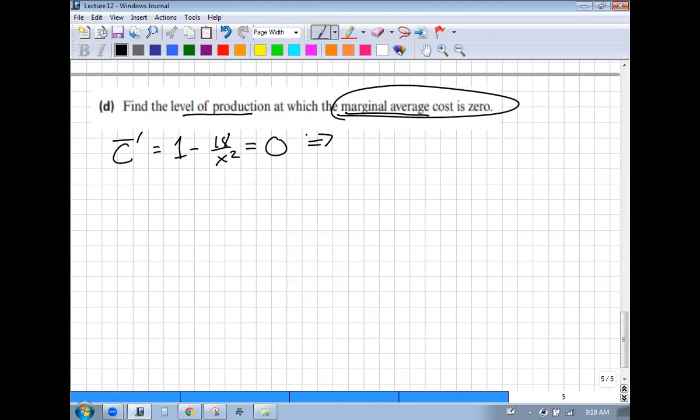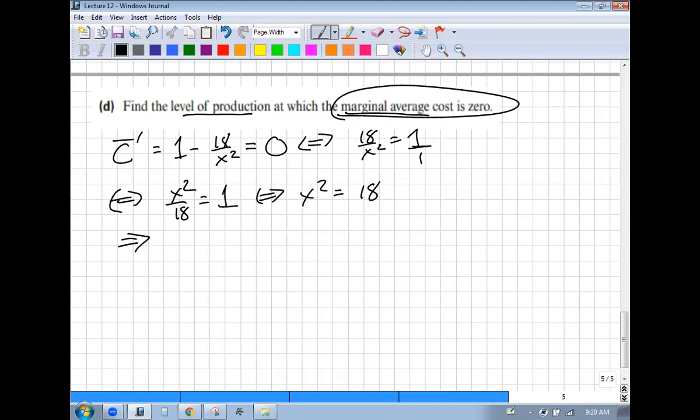So let me see, if I move the 1 over here, I have 18 over x squared equals 1. Now, I'm going to take the reciprocal of both sides because I don't want the x on the bottom. So if I flip both sides over, 1 over 1 is still 1, right? Okay, great. Now I'll multiply both sides by 18. And now I will take the square root of both sides.